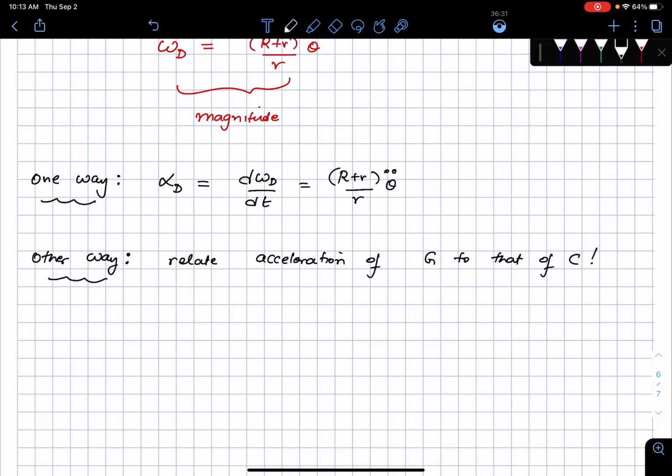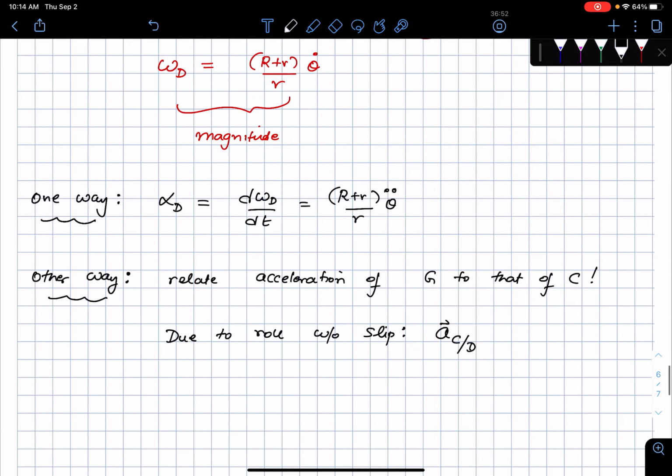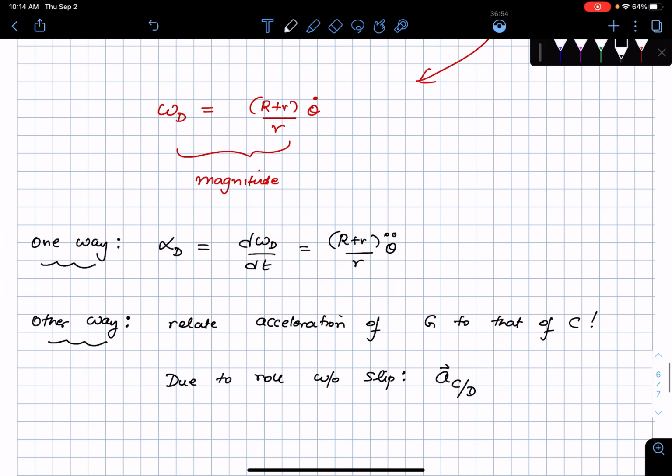Maybe if you want to look at the acceleration of C, due to the fact that it rolls without slip, the acceleration of C relative to the point D, which is a point on the track. So this D is the disk here. Okay, so this is the disk.